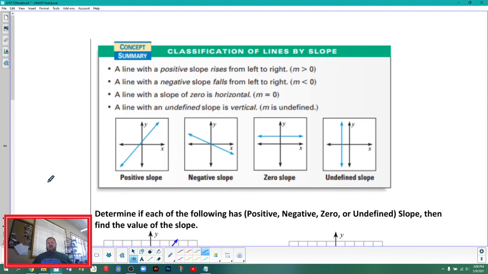It says here that a line with a positive slope rises from left to right, and we kind of saw that in those 2 examples, that on the first one, I had to go up in the elevator and then to the right. So that's a rising action. The second one, I had to go down in the elevator, so that's a falling action. All right, and there is a difference in the slope that you find with those.